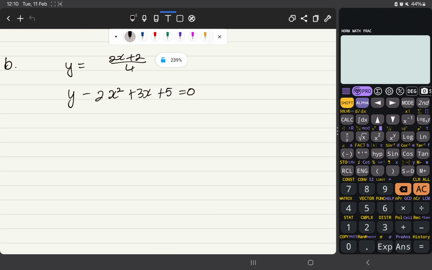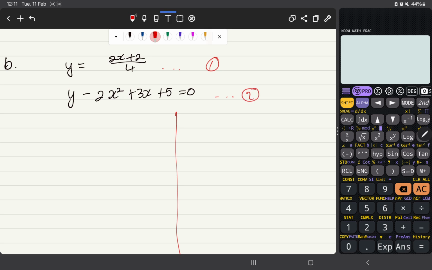The next problem is like this, right? So now let's start with substitution. With substitution, I can just say this is my equation 1, of course, and this is my equation 2.